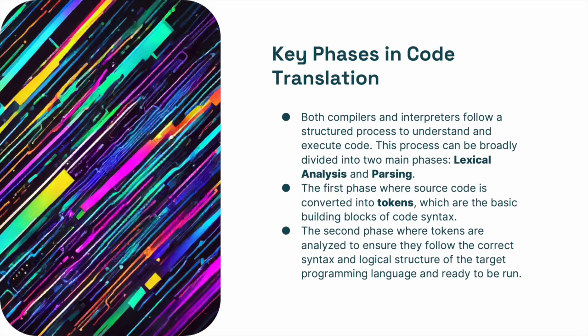Together, these two steps are like the first draft of translating your code into something a machine can execute, either line by line or by making everything ready and executing it all as another language, which is what the compiler does. So these are the things all compilers and interpreters do in general.